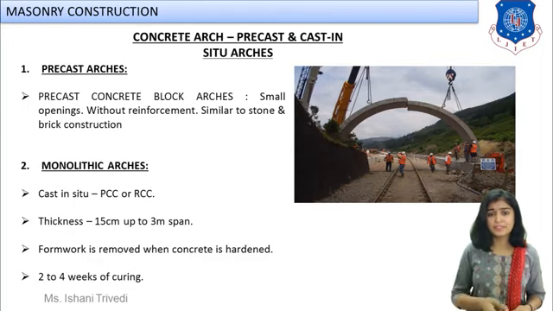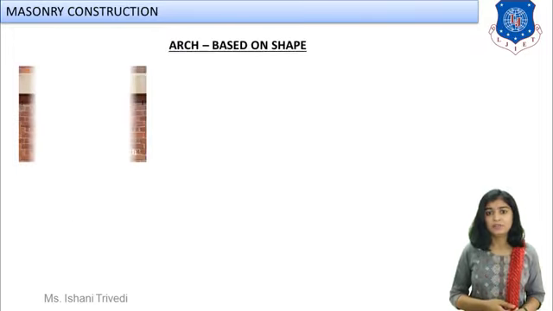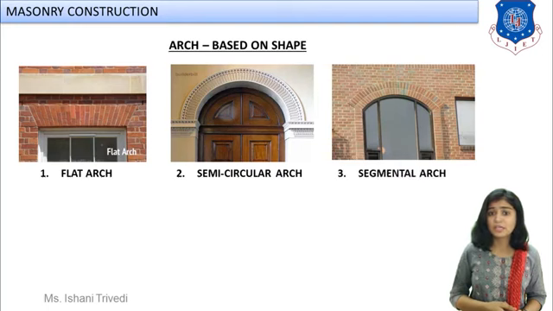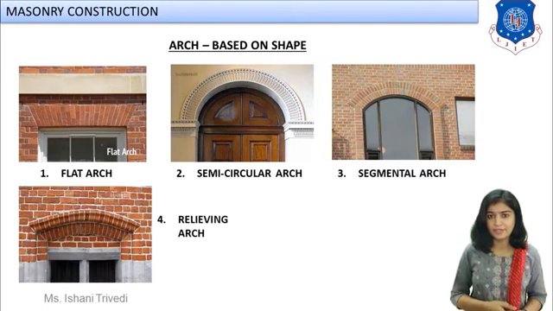For the cast in situ, you will have to provide the centering, which we have studied in the formwork as well. So with the help of a temporary structure known as centering, you will construct step by step the cast in situ arch. Now moving forward with the next classification, which we have based on the curve formed by the intrados, right?